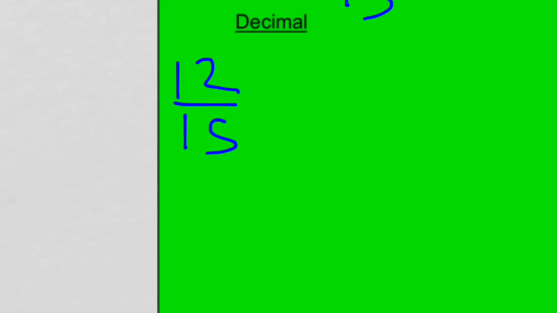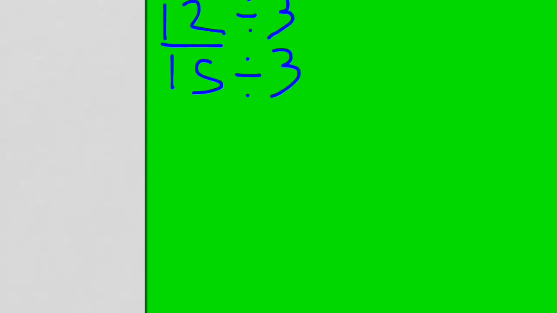And what I see right away here is that I know 3 times 4 is 12 and 3 times 5 is 15. So there's a factor that will divide into both the numerator and denominator, and that's 3. So if I divide 12 by 3, I get 4, and 15 divided by 3, and I get 5. Now I can convert to a fraction out of 10, 100, or 1,000.